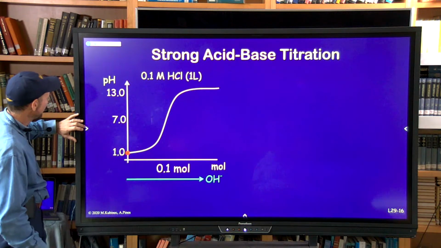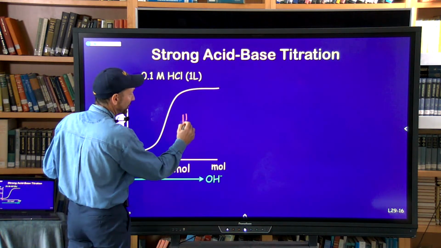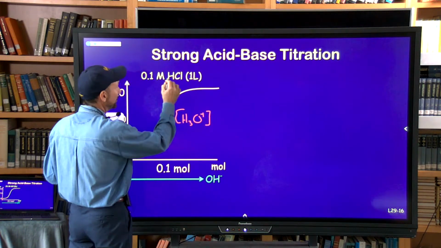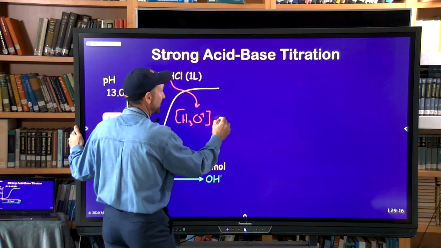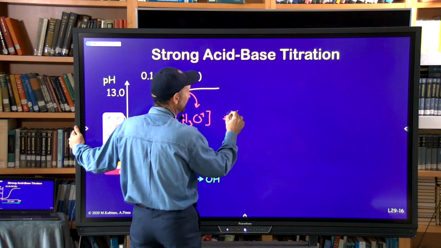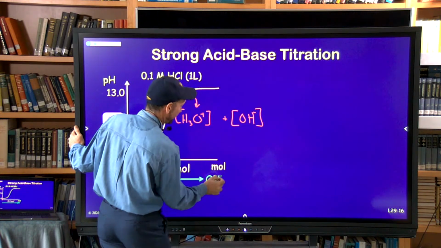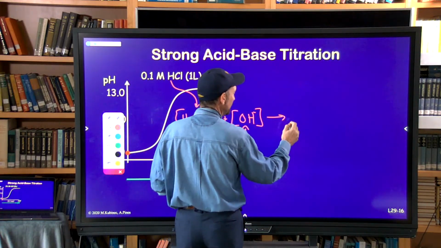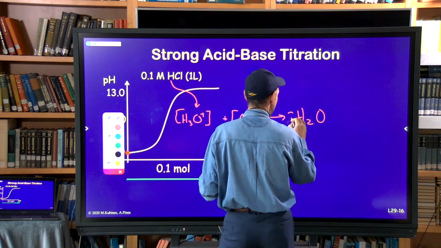So the reaction that's happening is your H₃O pluses, which came from here, I'm just writing the concentrations here, are going to react with your OH minuses from here, going to H₂O.